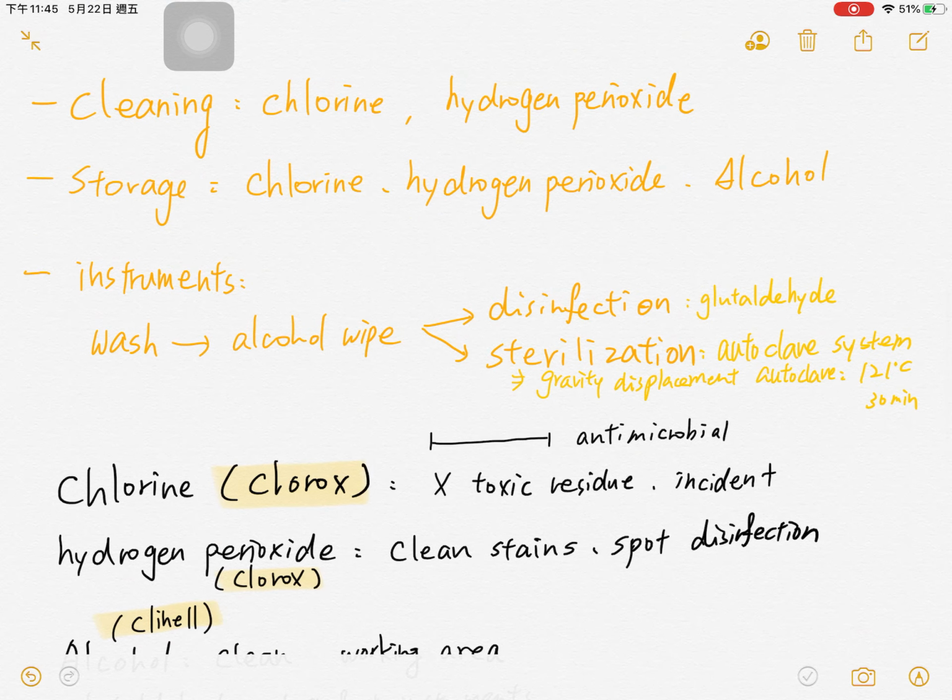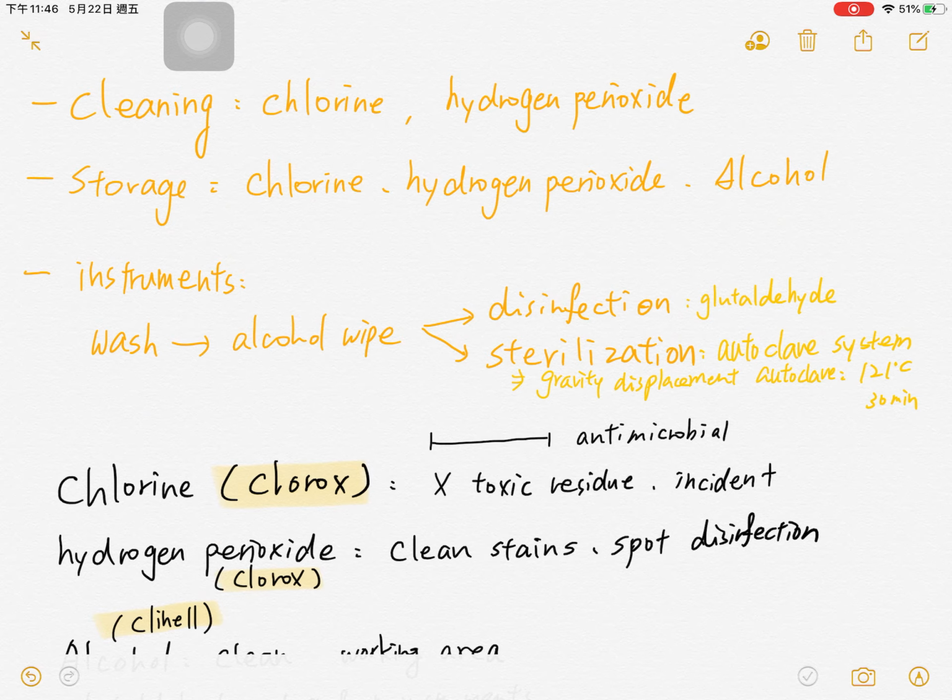And then when the clinic is closed, as I have mentioned, the assistant and the dentist have to collect all the instruments that they have used on the patients. As we know, if there are any organic materials on the instrument surface, it will decrease the effectiveness of the disinfection and sterilization.